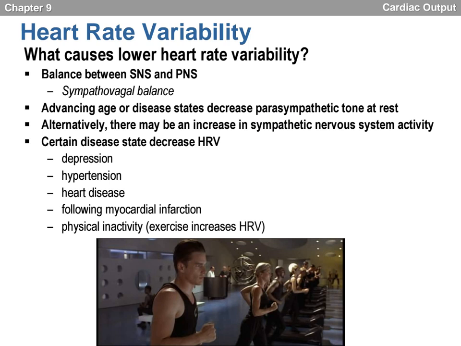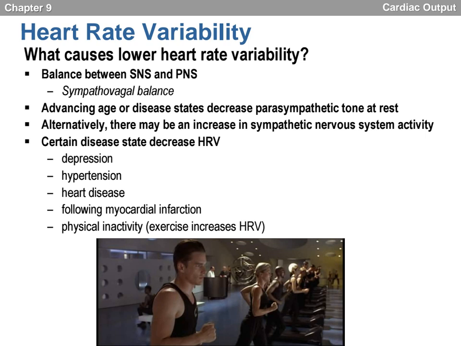And this decrease in parasympathetic tone can lead to a decrease in heart rate variability. Alternatively, again, with advancing age or a disease state, there may be an increase in sympathetic nervous system activity. So if that increases, that can also lead to a decrease in heart rate variability.